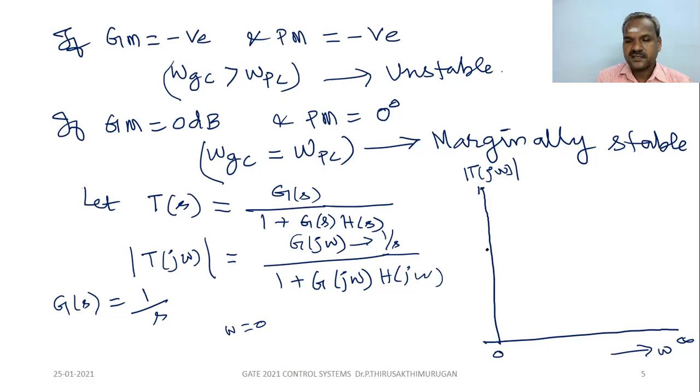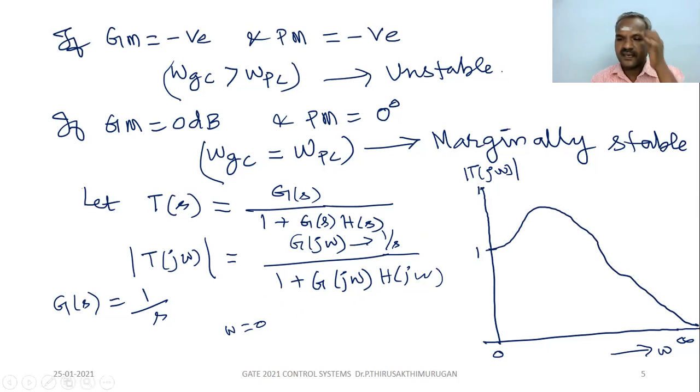So when omega is 0, it starts with a magnitude of 1. Understand? Then as omega increases, the response will be like this, and when omega is infinity.